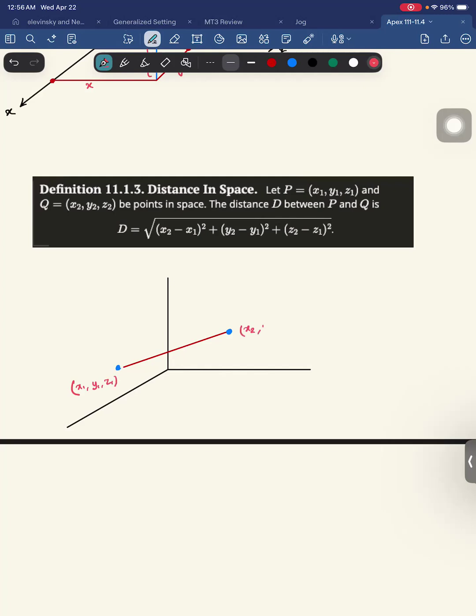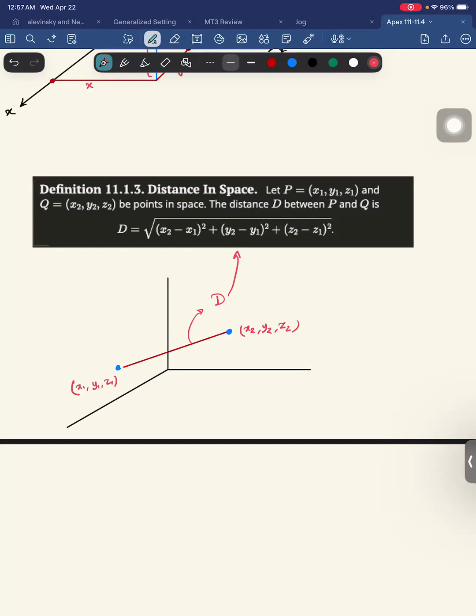This is x2, y2, z2. Then the length of this line is this expression d, right? That is the so-called distance in Euclidean space.